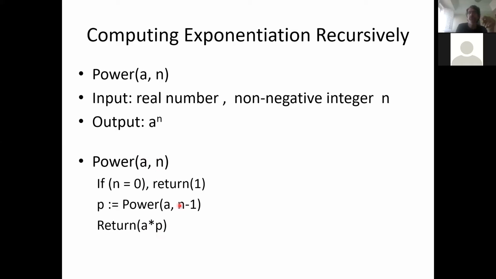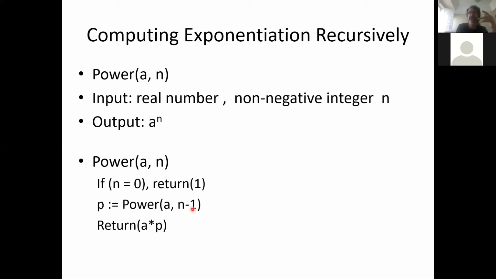When that returns, what will be power A, 2? Well, this we already convinced ourselves will return A, because this is power A comma 1, and I just explained that it returns A. So here P is going to be A, and it will return A times A, in other words, A squared.